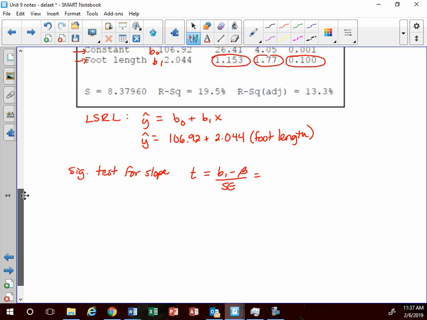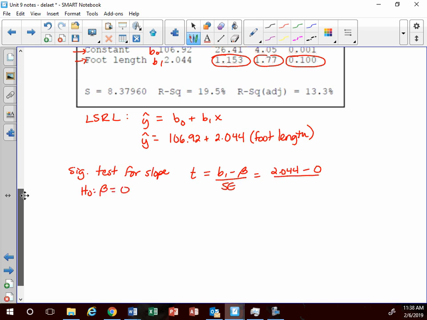So let's look at that from our printout. What was b sub 1? 2.044. What do we use as our beta if we're doing a hypothesis test? 0. Good. So remember, that's always going to be your null, that beta equals 0.